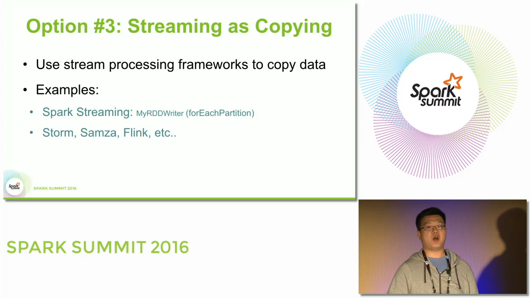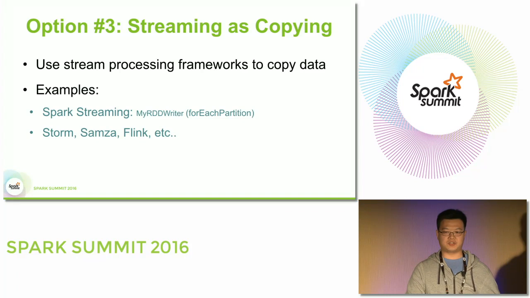It is a little bit of overkill, actually, to use those systems, for similar reasons as I mentioned with the previous option. You have to set up such clusters for doing the data copying, and the APIs they provide, like the receiver API, may also be very generic for a variety of systems.